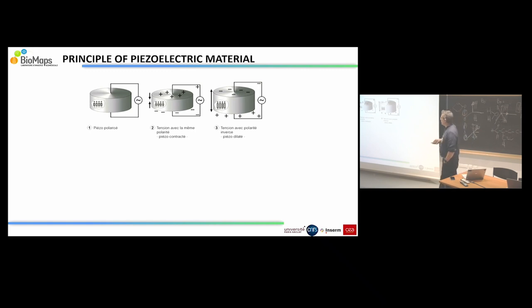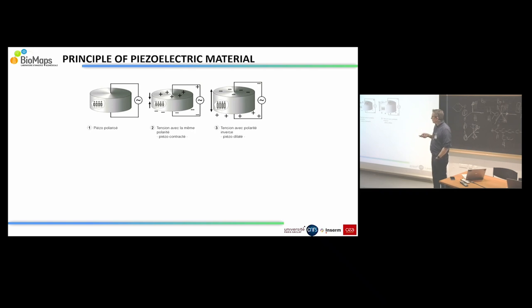How will we use it? We will fix 2 electrodes on each part of the material, and when we send a current inside by switching the polarization, we can compress the material or extend the material, and this will generate vibration in the tissue coupled to the piezoelectric material.